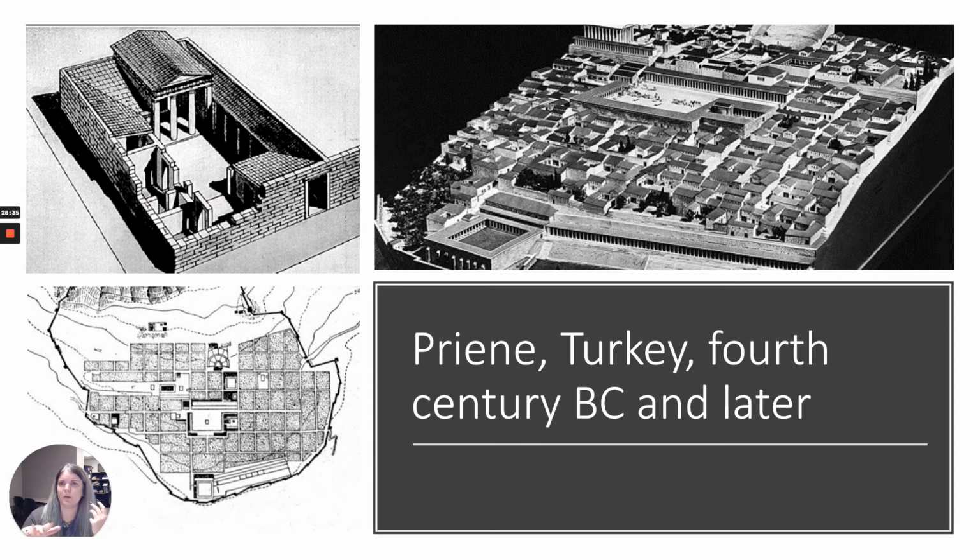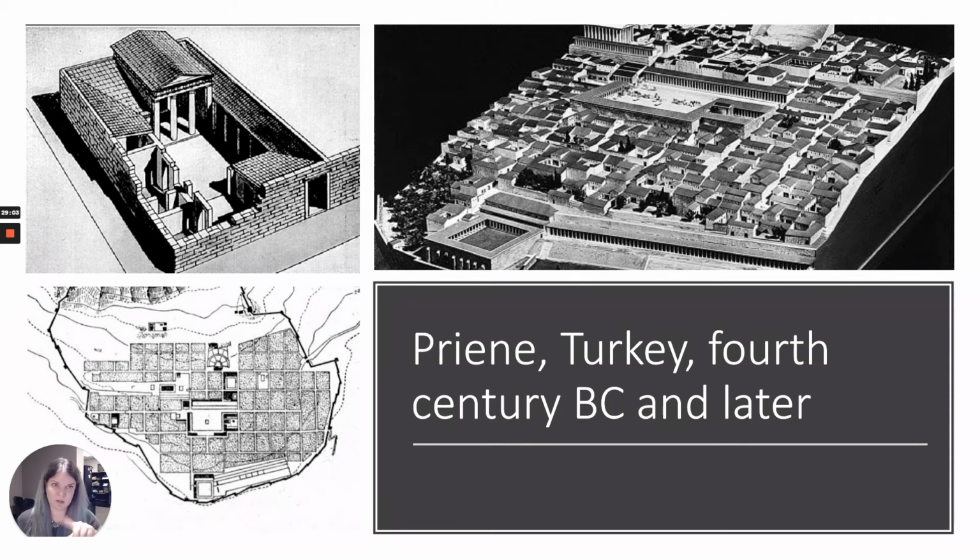Up in the upper left here, I have a typical home in a Greek city-state at this time. Priene, Turkey, excuse me, is an example of this. This is a pretty typical home. You'd have an open-air courtyard, bed chambers, an eating area, that kind of thing. But they're standardized. It's almost like suburbia now. You have these standard plans for houses all the way throughout.